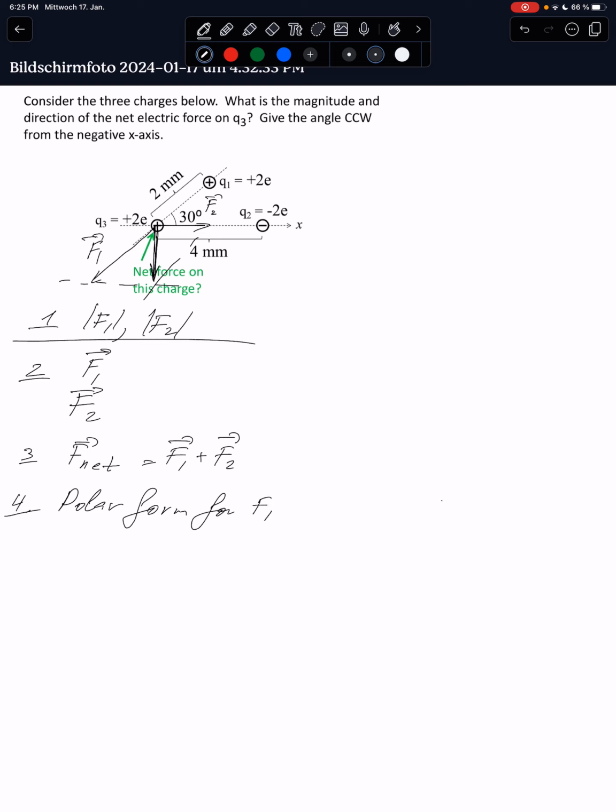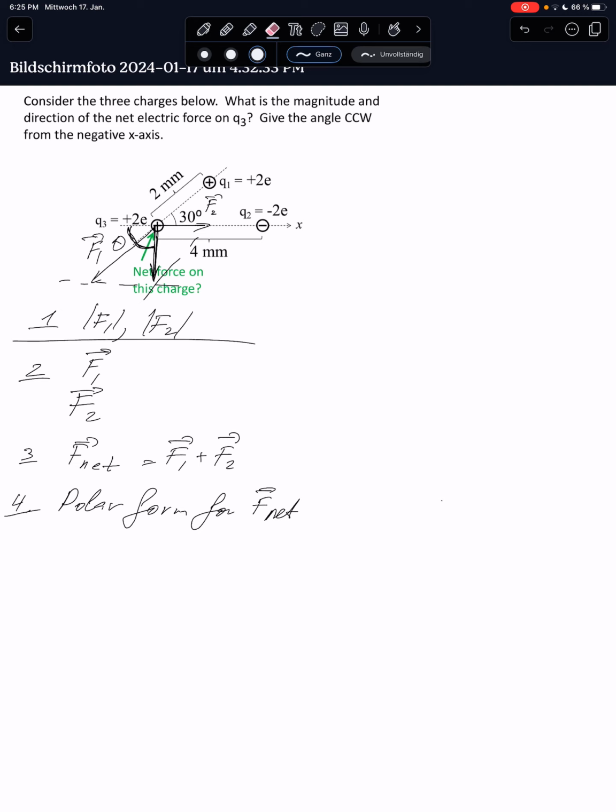For that we would have to find this angle over here, the angle from the negative x-axis theta, and the magnitude of this force, F net.